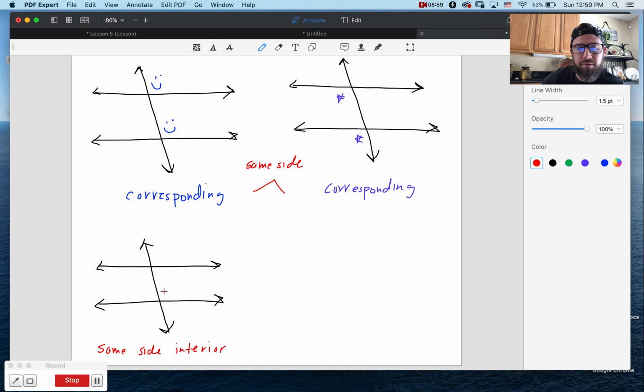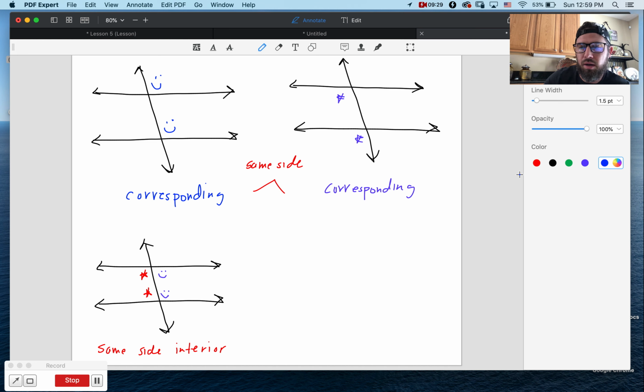So they can either be on the right side of the transversal or they can be on the left side of the transversal. And they need to be interior, so on the inside. So something like this guy and this guy, those are same side interior. Or this guy and this guy, those guys are same side interior. Another word for those could be consecutive interior. So same side interior, or you might see on the test it could say consecutive interior. But yeah, those are that.